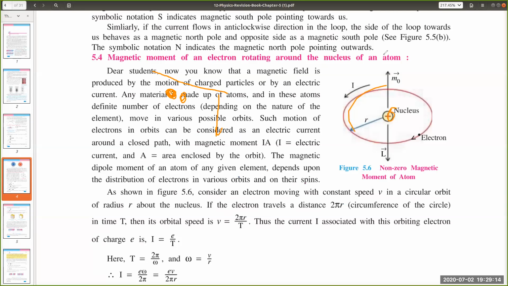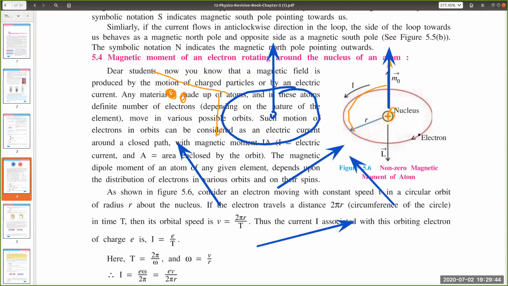So for this one nucleus, the magnetic moment is like this, showing upwards. Suppose there is one more atom here, exactly the same; then the magnetic moment will be like this. But for a general material, the orientation of all such atoms will not be the same. They will be random, so the magnetic moments will be random, right?